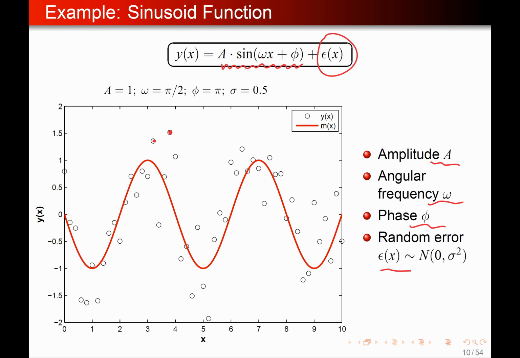So those dots are y for each x. So suppose for this x, we have a y(x). y(x) has a deviation from the mean. So this red part is m(x), and this is my epsilon(x).